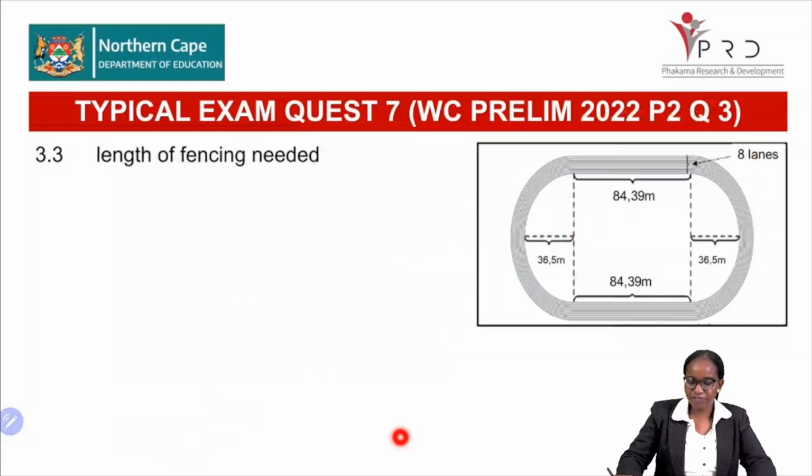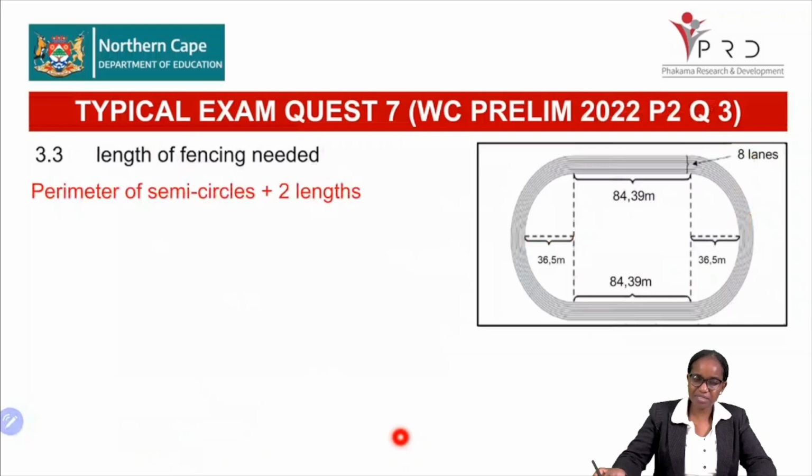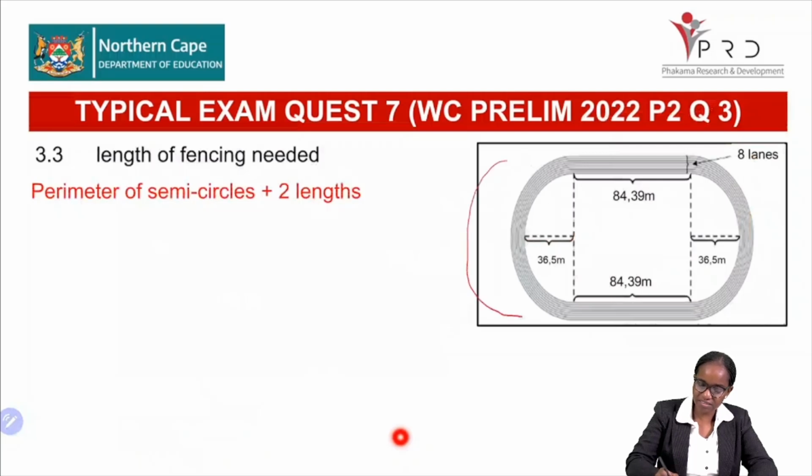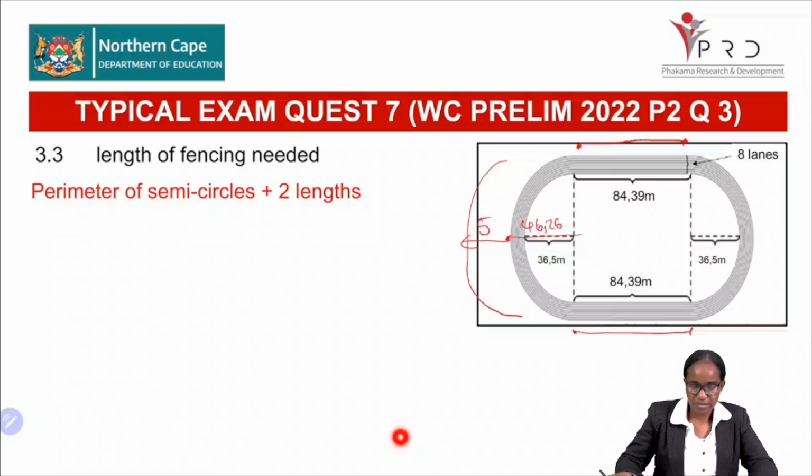So for the length of the fence that will be needed, we will have the perimeter of the 2 semicircles, with the radius of 46,26 and this 5, and the length from here to here and the length from there to there. So what will be the perimeter of the 2 semicircles?